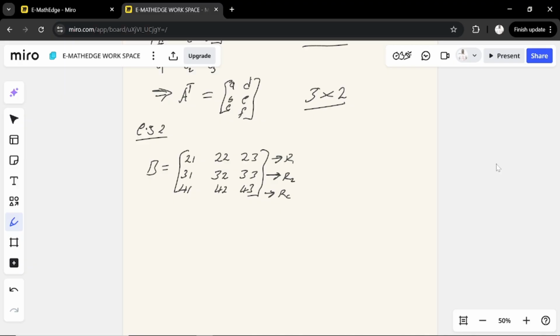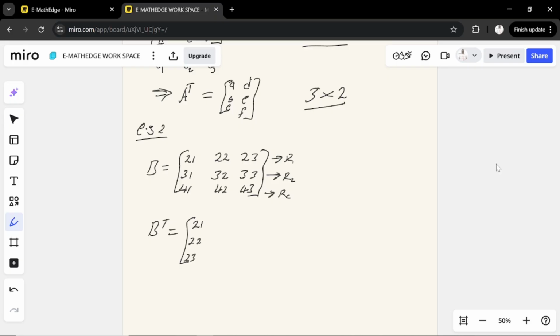So let's go ahead and do that. P transpose is now going to be, now what do we have as the first row? We have 21, 22, and 23. So it means we are going to have the first row to now be the first column. So we are going to have it as 21, 22, and 23.